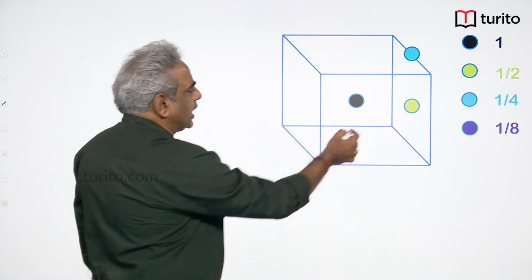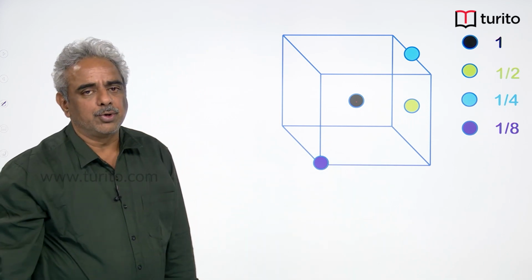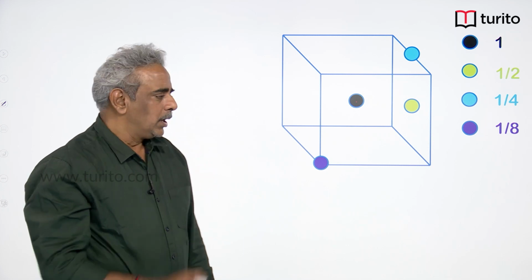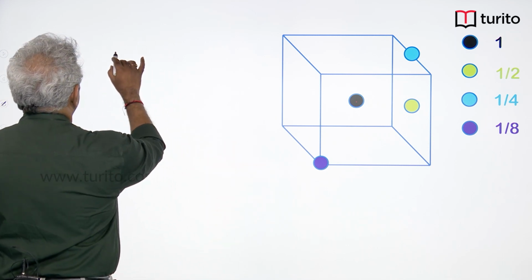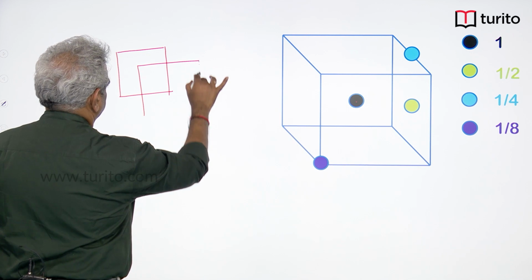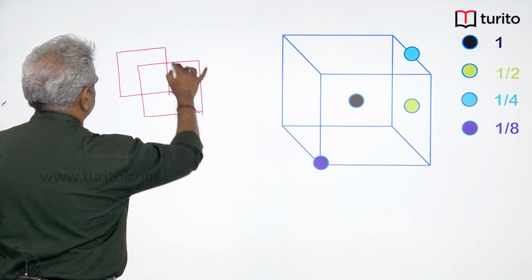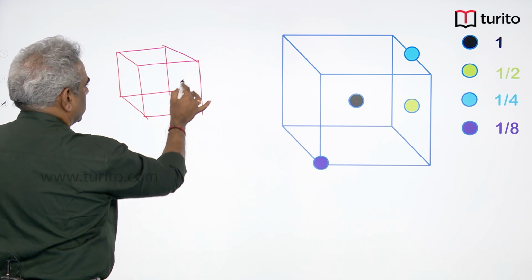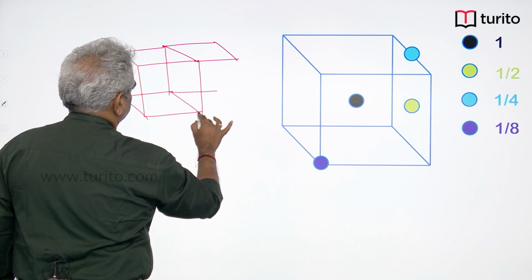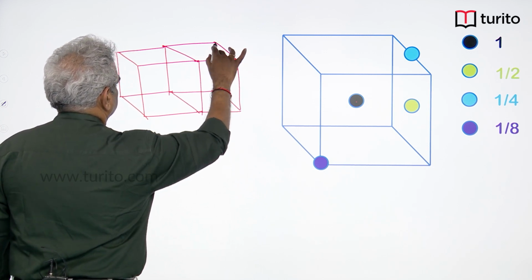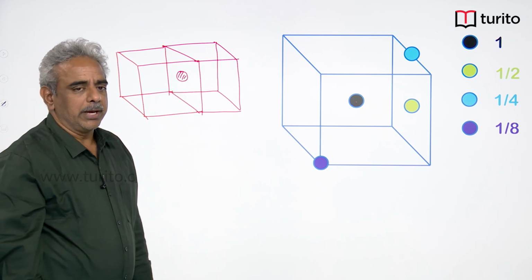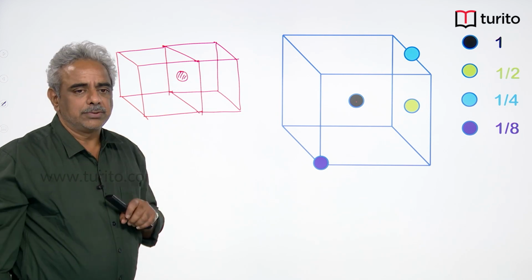If you see that green one, you are having only half contribution. Why you should count only half from that? Because in my previous lecture, as I discussed, see this face is there for the other unit cell also. So, if you put a face center atom or sphere, this is shared by both the unit cells.